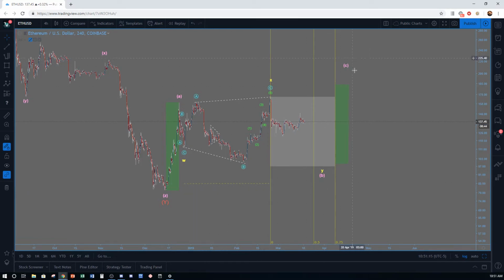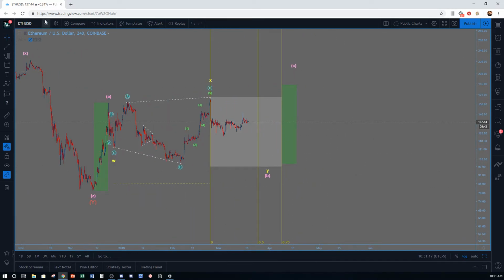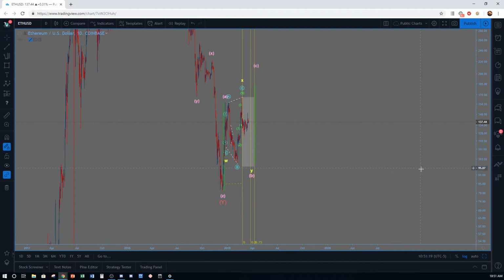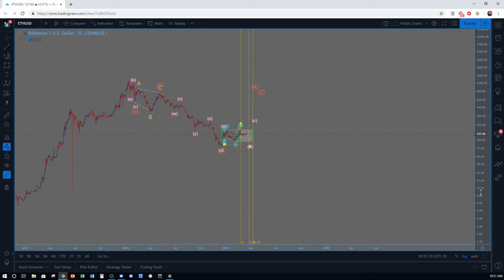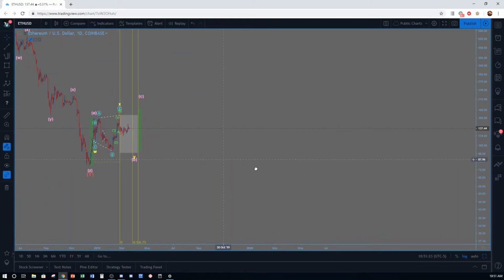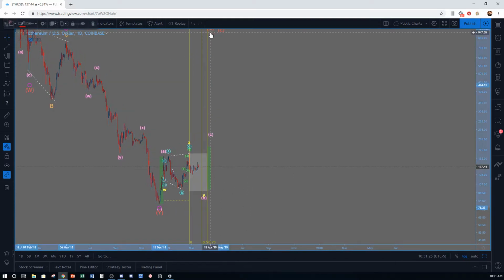That can make our X wave. This would make up our X wave. Even nastier would be that would just be a W. And then we put in an X. And then a Y.